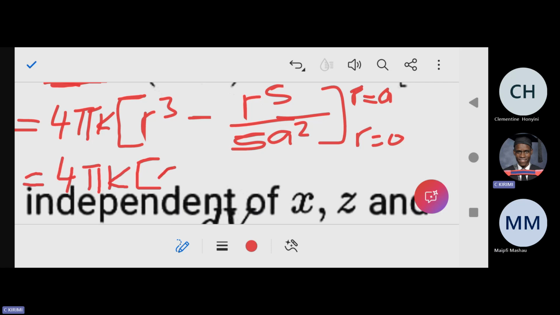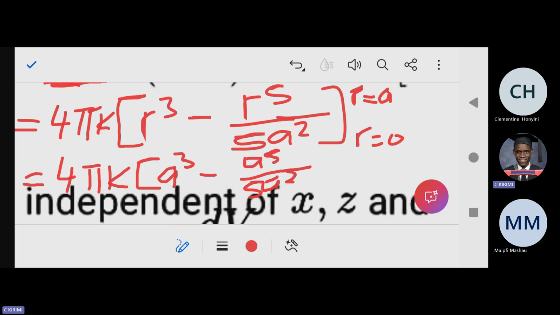So it would be a what? Cubed. A cubed minus. Where there is r to the power 5, it will be a to the power what? 5 over 5a squared. So you subtract the exponents.